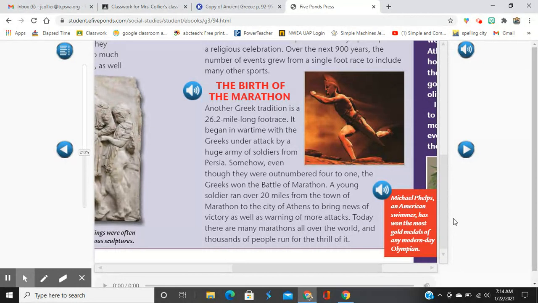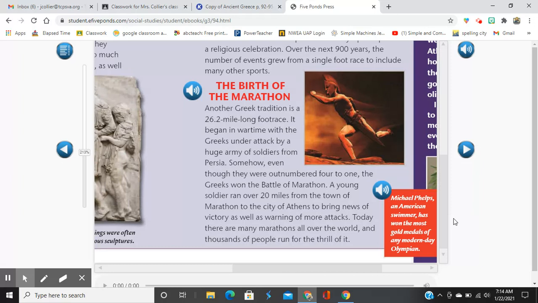So let's read. Another Greek tradition is a 26.2-mile long foot race. It began in wartime with the Greeks under attack by a huge army of soldiers from Persia. Somehow, even though they were outnumbered 4-1, the Greeks won the Battle of Marathon. A young soldier ran over 20 miles from the town of Marathon to the city of Athens to bring news of victory as well as warning of more attacks.